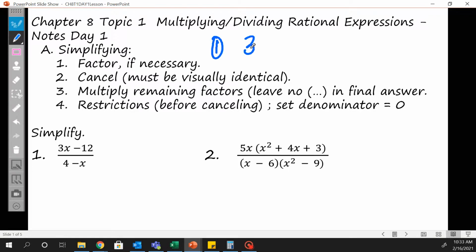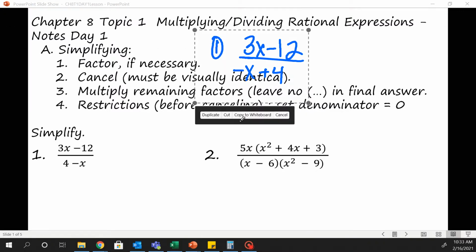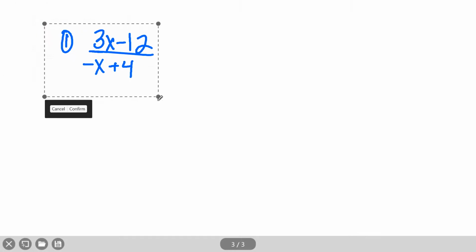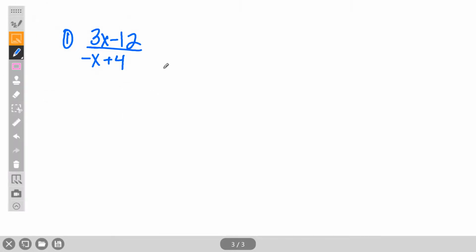So number 1, we've got 3x minus 12 over 4 minus x. You do not want to write it that way. You want to write standard form if it's not in standard form. So we're going to put negative x plus 4 because that would be standard form. First we want to factor the numerator and the denominator.